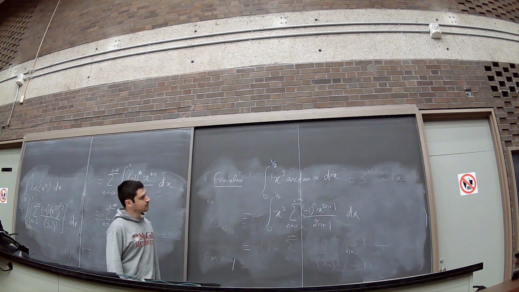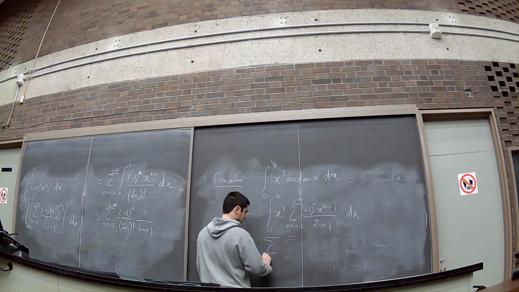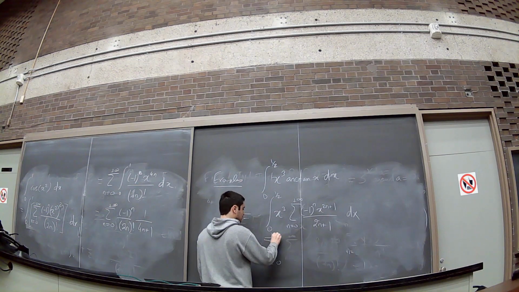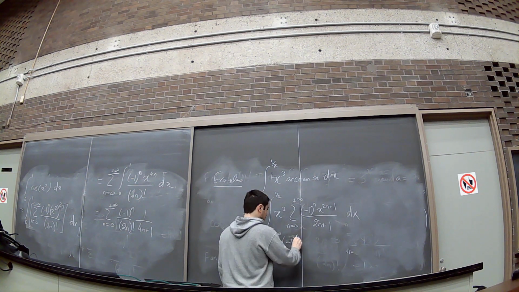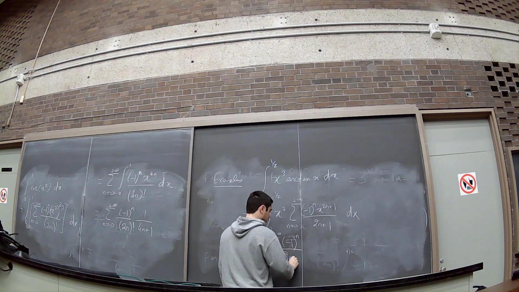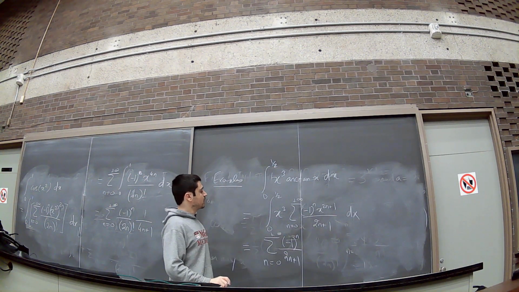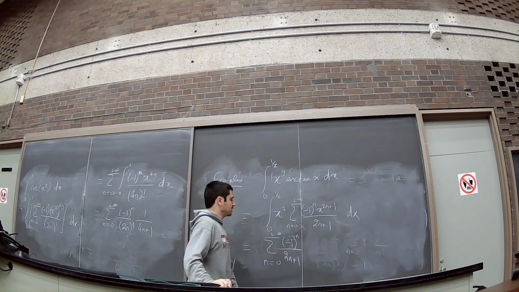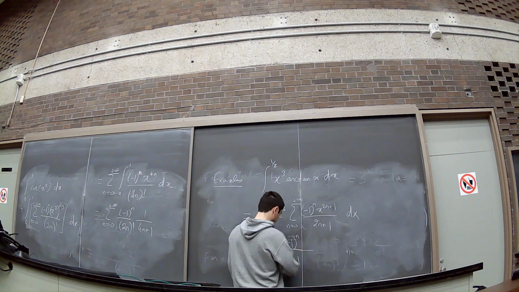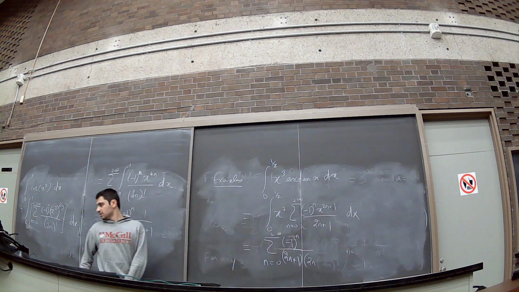So what do you get? Could you do it just by looking at it, or not? So let's do it. This is the sum from n equals 0 to plus infinity, so the minus 1 to the n stays, over 2n plus 1. Okay, so I get x to the 2n plus 4, by just integrating this. So when I integrate this, I get x to the 2n plus 5.